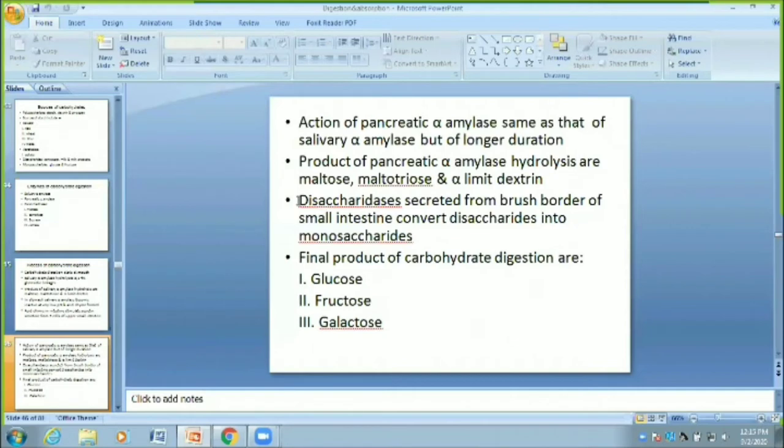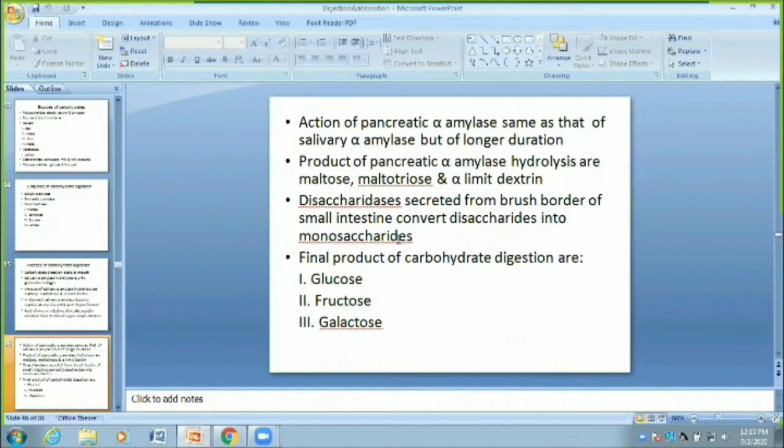Then, as they are mostly disaccharides, these are acted on by disaccharidases. These disaccharidases are the constituents of succus entericus, secreted from the brush borders of the small intestine, which convert disaccharides into monosaccharides.